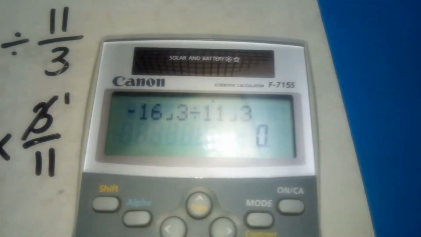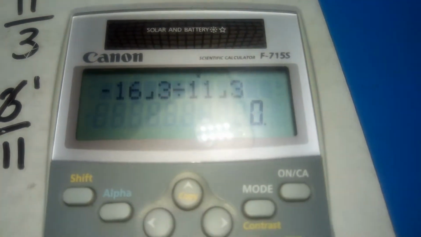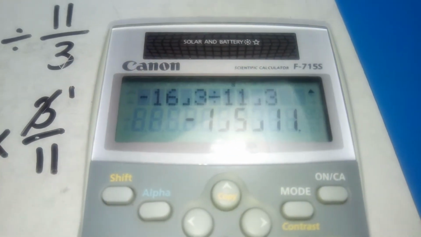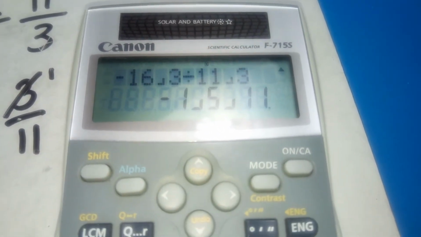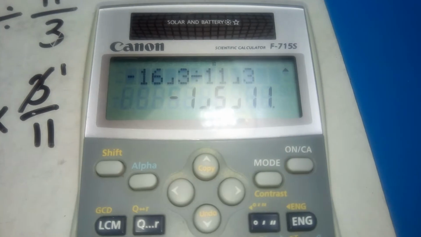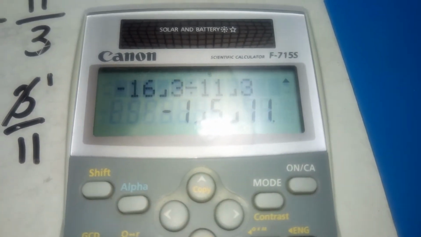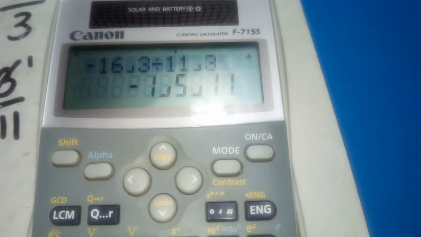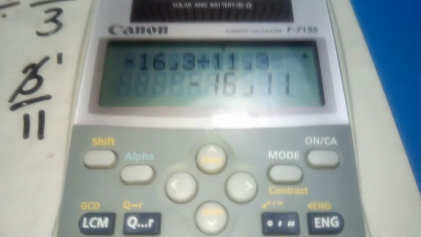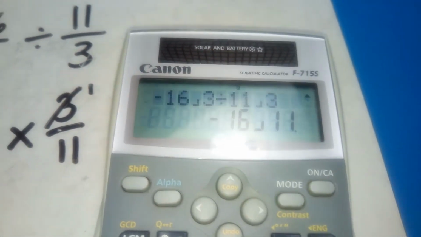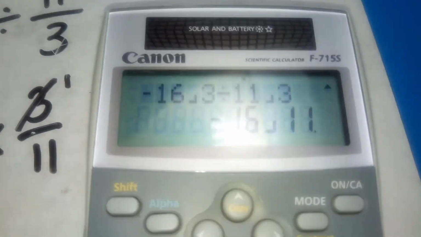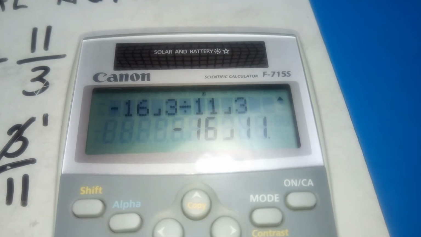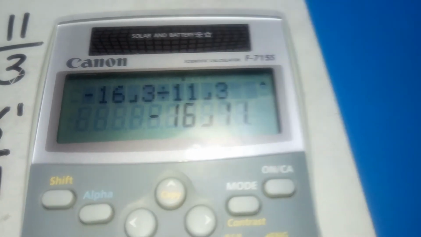What is the result? Equals negative 1 and 5 over 11, so it's in mixed form. Let's convert that mixed number to an improper fraction. Shift, then S-D. So that's negative 16 over 11. The calculator's answer is also negative 16 over 11.